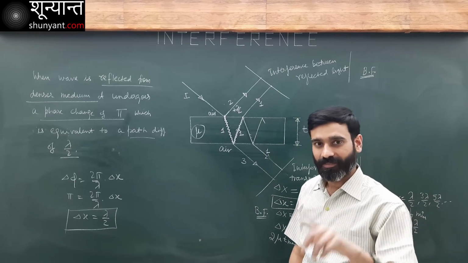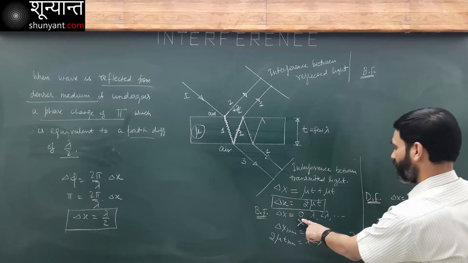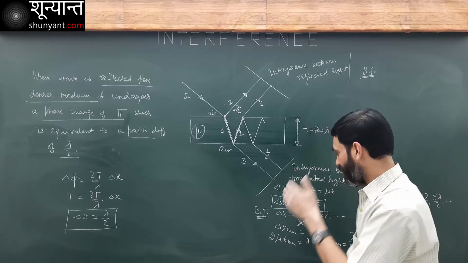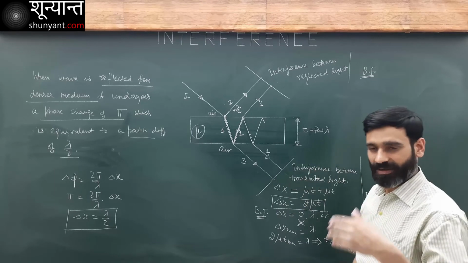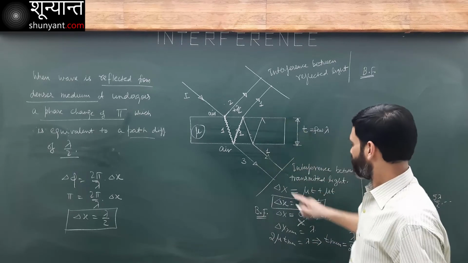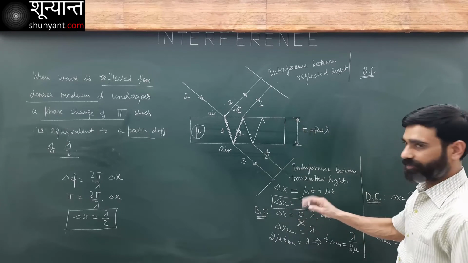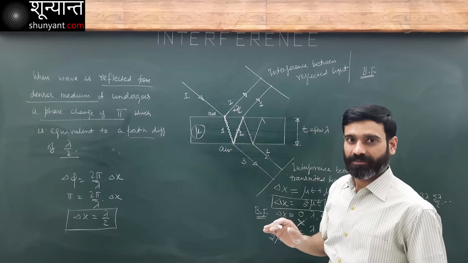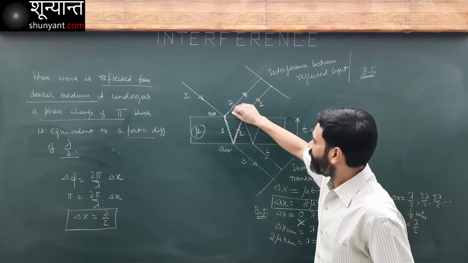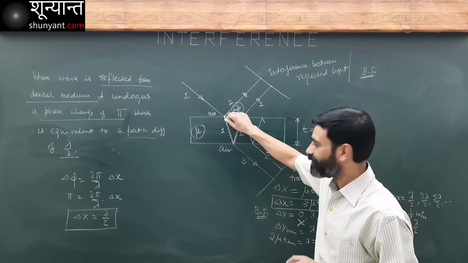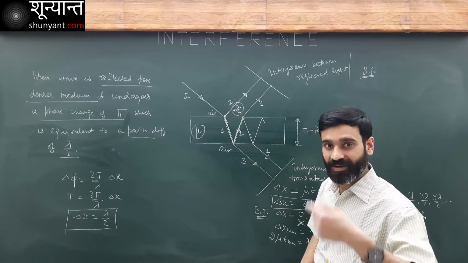It should be lambda. 0 is not possible. It should be lambda, 2 lambda, 3 lambda, multiples of lambda. 0 is physically not possible, because this is always positive. So the next minimum is lambda. Out of that, lambda by 2 is already present. So what additional do I need? Additional I need only lambda by 2.